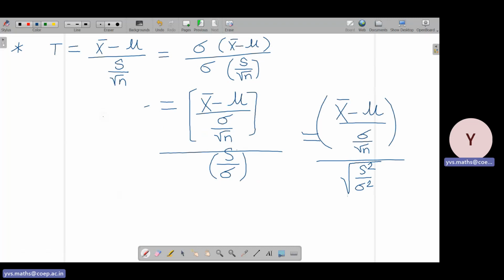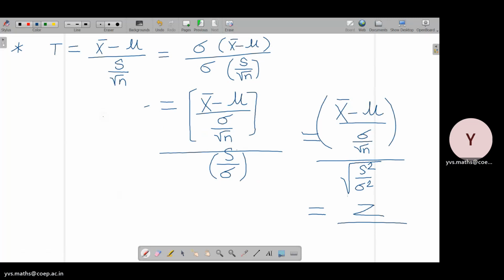Now what is this numerator? You just recall the central limit theorem here. x bar minus mu upon sigma by root n is nothing but a standard normal random variable. We denote the standard normal random variable by z, which is a standard notation. And the denominator is s square by sigma square.